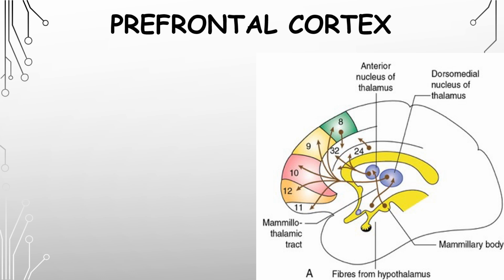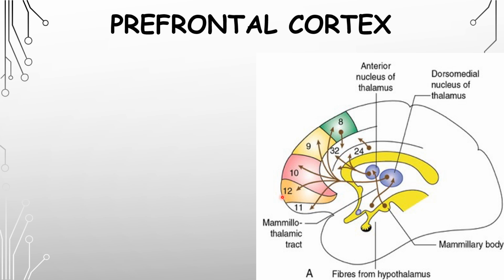Prefrontal cortex, you can see the areas here, 9 to 12. They lie in the superior frontal gyri, and also extend to the adjacent medial surface of the hemisphere. And then area 13 is located in the orbital part of the inferior surface of the frontal lobe.